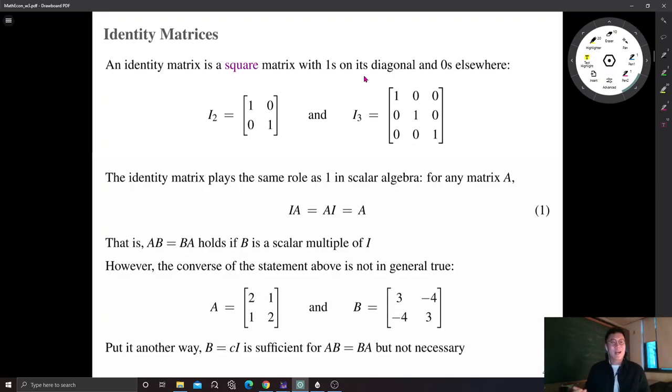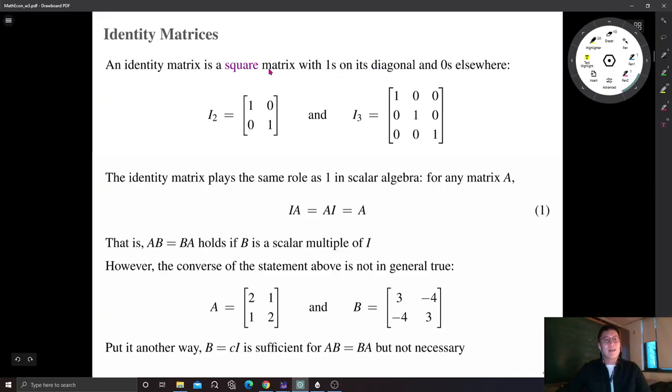Okay. So let me first introduce two special types of matrices. And the first type is called the identity matrix. So the identity matrix is a scalar matrix, and it has ones on its diagonal and zeros elsewhere.